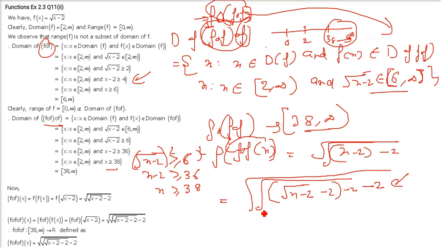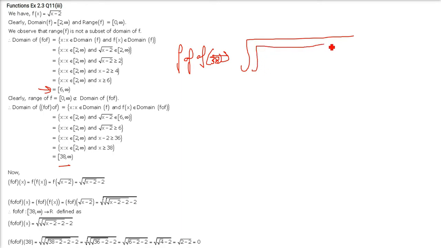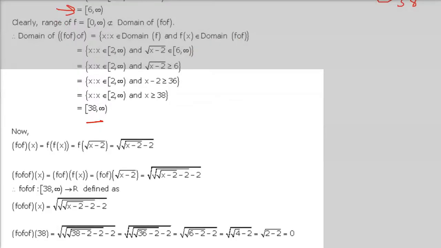Under root of under root x minus 2, minus 2. Just put x as 38 here, because they are asking FOF of 38.